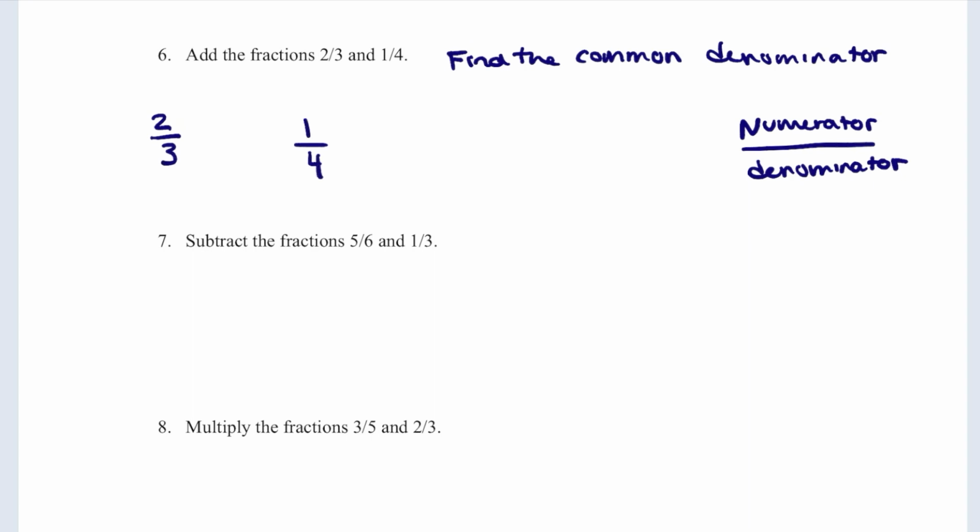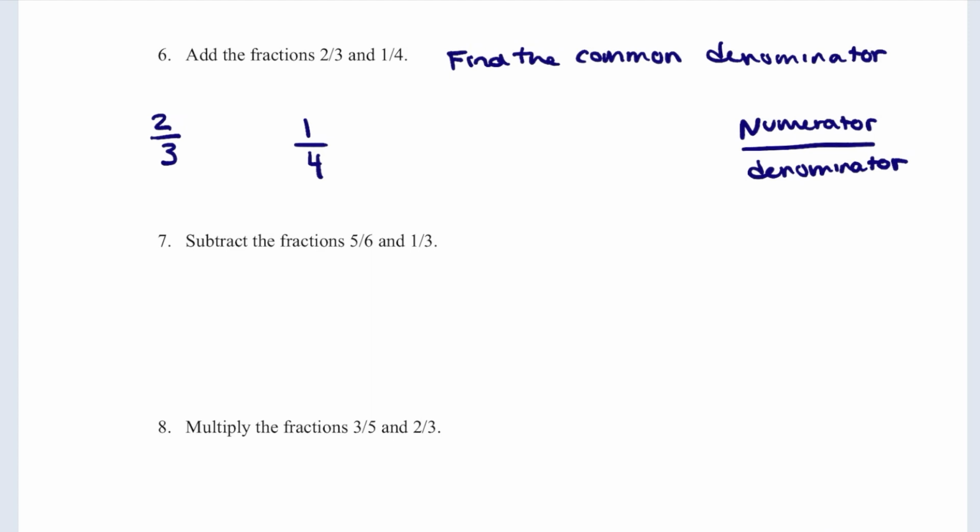In order to make these a common denominator, we need to find a number that both of those can be multiplied into. Looking at this, 4 does not go into 3, so that doesn't work. 3 times 2 is 6, and 4 doesn't go into 6 evenly. 3 times 3 is 9, and 4 doesn't go into 9 evenly. 3 times 4 is 12, and 4 times 3 is 12, so perfect, that works.